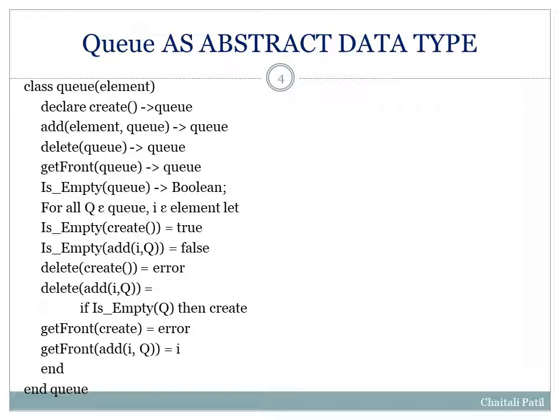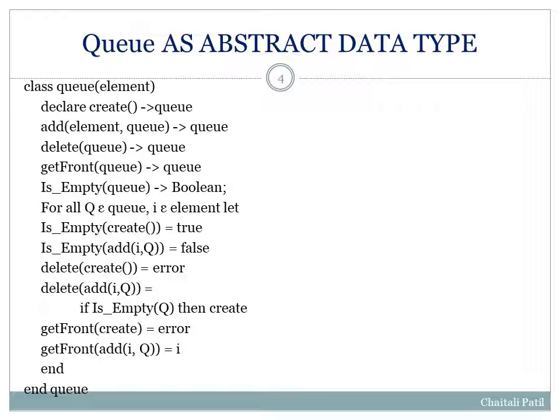Okay, so in the previous slide we have seen which are the operations that can be performed. Those operations along with certain rules, that is axioms, we have to write in the ADT. Okay, so create is a function that will create a queue. So declare create and it will return a queue.